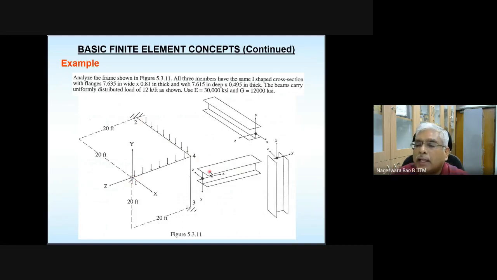A vector lying in the plane 1, 2, 4 is given by the difference between the coordinates of this node 1 and the coordinates of this node, this is node 3. This is the global node number, but locally we are calling it node 3. Okay, then I get a vector which is lying in this plane.